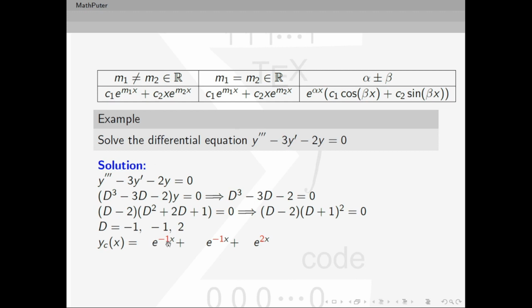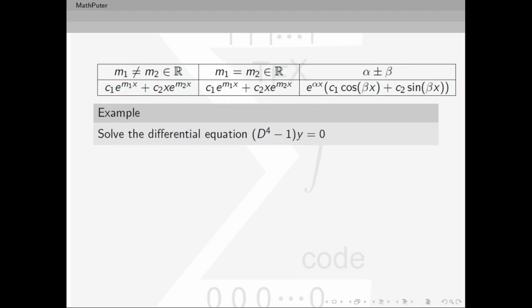So what I do, these two functions, e raised to minus x and e raised to minus x, I multiply by x here. Then these two functions are different. So I multiply by x. Then just multiply by arbitrary constants c1, c2 and c3. These three are arbitrary constants, and this will be the solution.